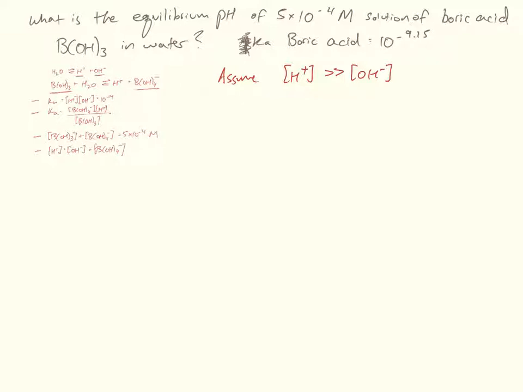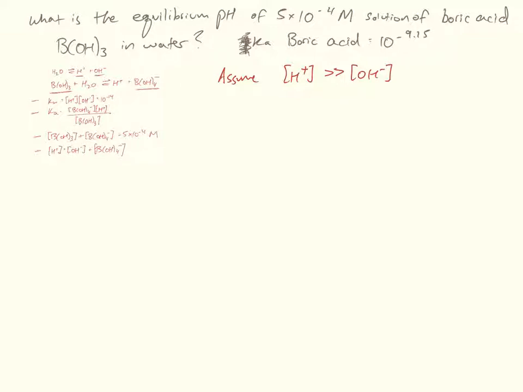So if we have, say, a pH of 6, we're going to have 100 times more H plus ions in solution than OH minus, because 10 to the negative 6th is 2 orders of magnitude greater than 10 to the negative 8th, which is what the concentration of OH minus would be.